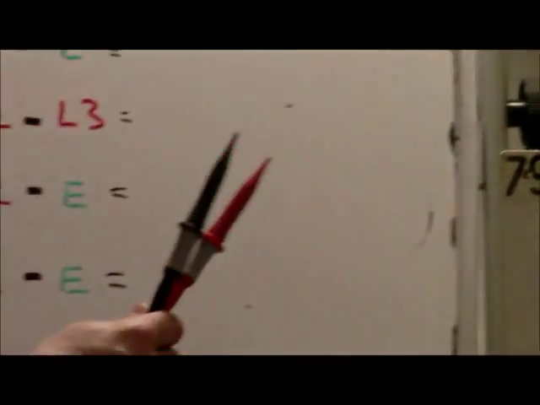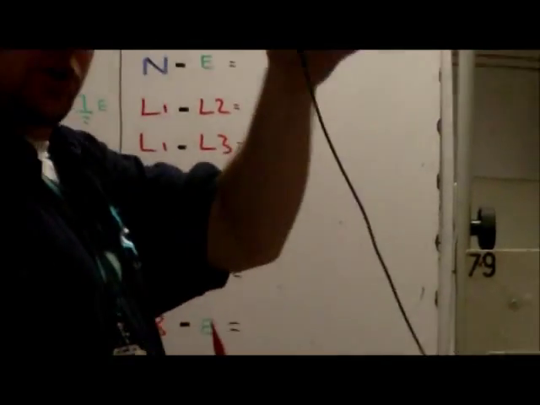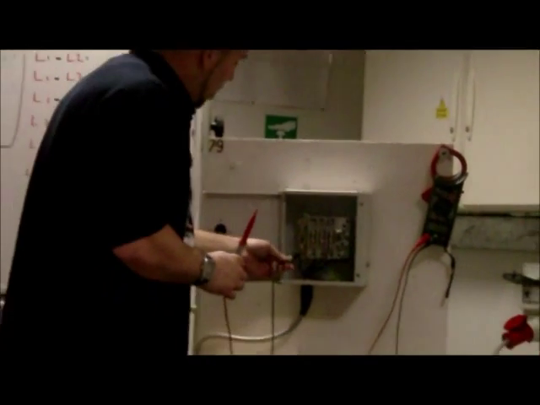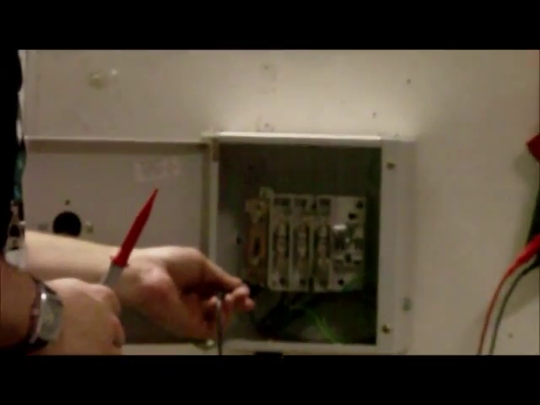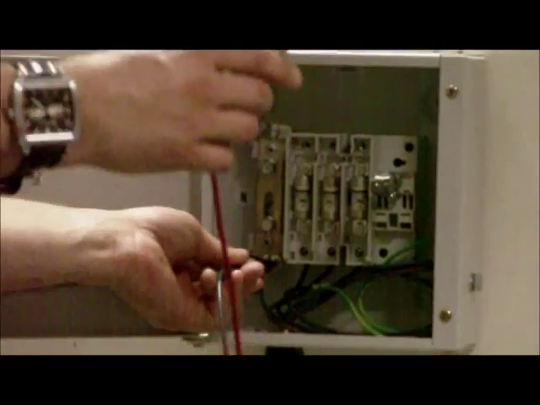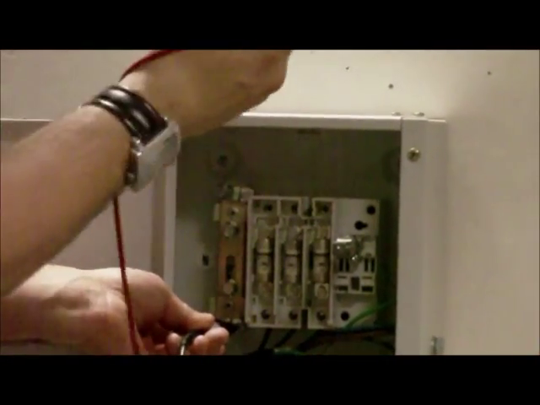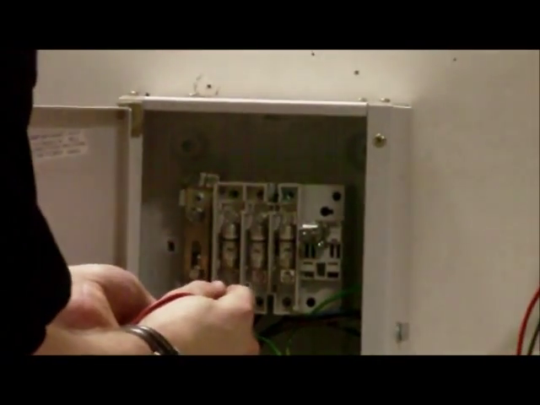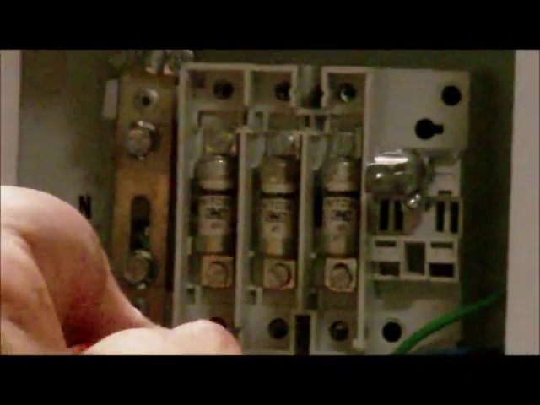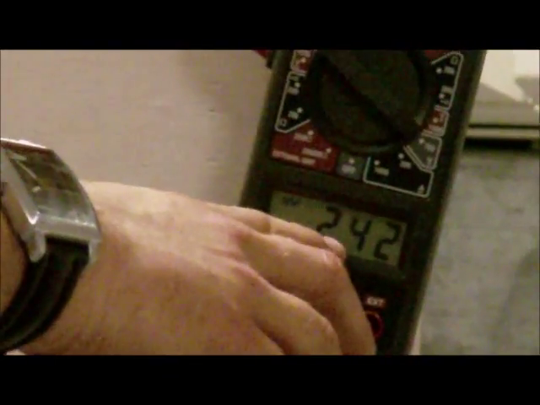The first test we're going to do, we're going to put the neutral lead onto the neutral itself. Then we're going to put the live lead or the line lead onto L1, and we're going to look at the value. And the value that it's coming up with on the meter is 242 volts.